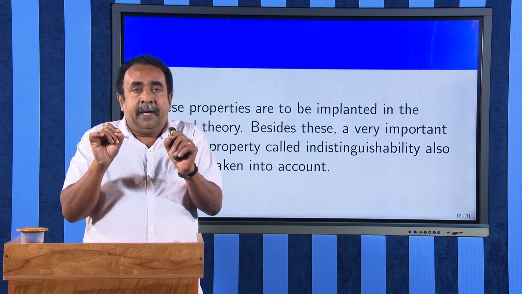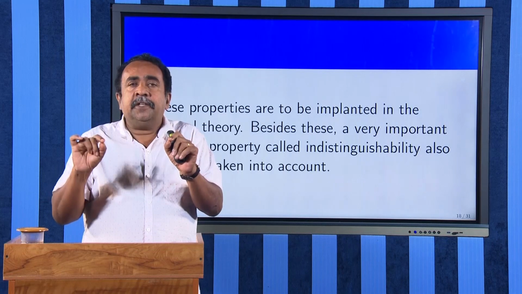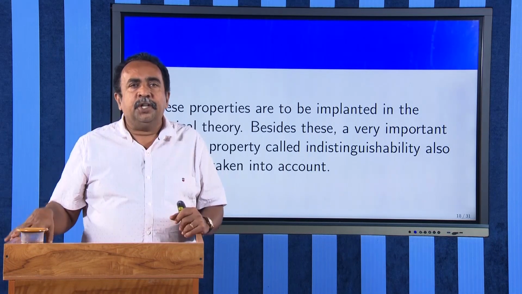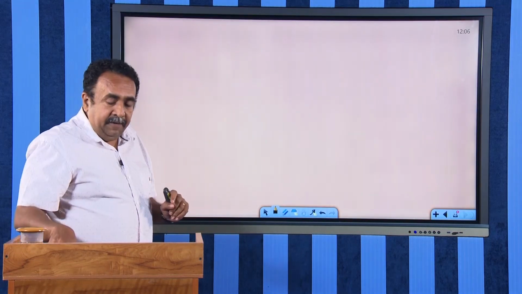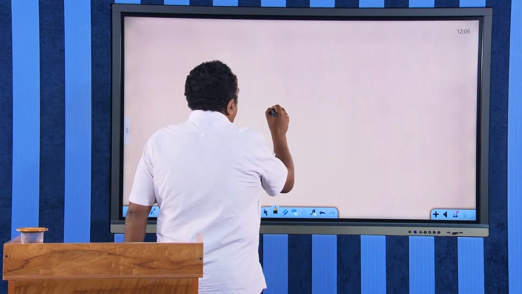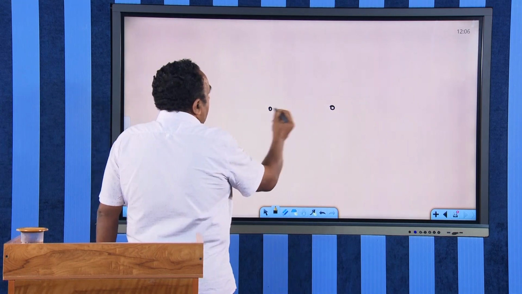If you have two particles which behave as particles, then the first particle and the second particle are perfectly distinguishable. If I have a particle here and a particle there, I can very well distinguish them.